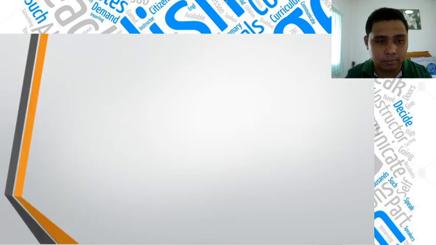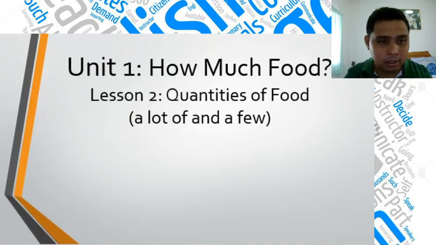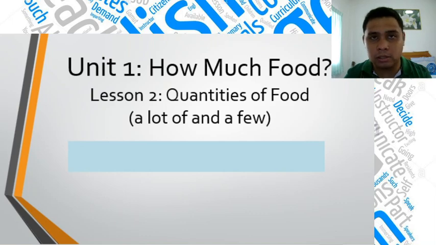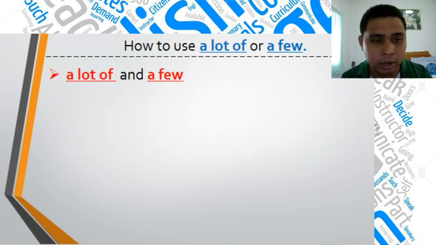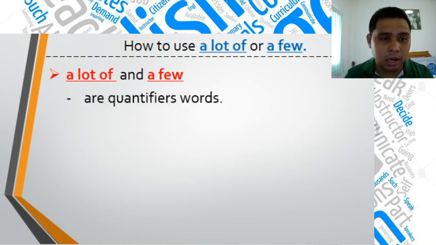Okay, next. So this time, How Much Food, lesson number 2, quantities of food. Now we will learn how to use a lot of and a few. I will explain first what a lot of and a few are.